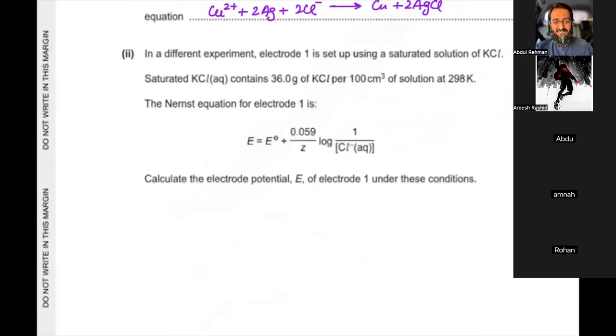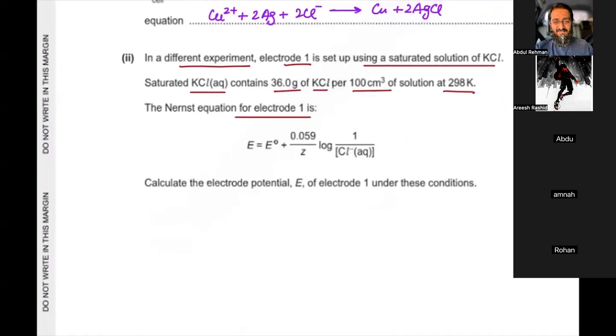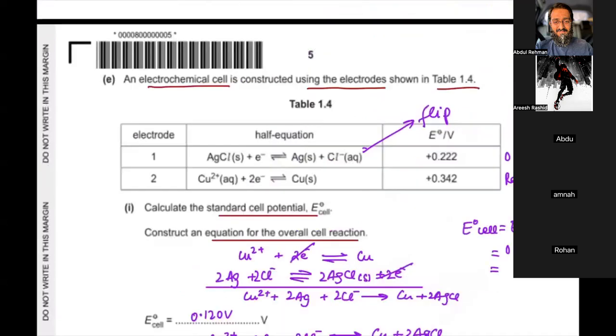Okay, now next part. In a different experiment, electrode 1 is set up using a saturated solution of potassium chloride. Saturated solution of potassium chloride contains 36 gram of potassium chloride per 100 centimeter cube at 298 Kelvin. The Nernst equation of electrode 1 is, okay. So see what they are doing.